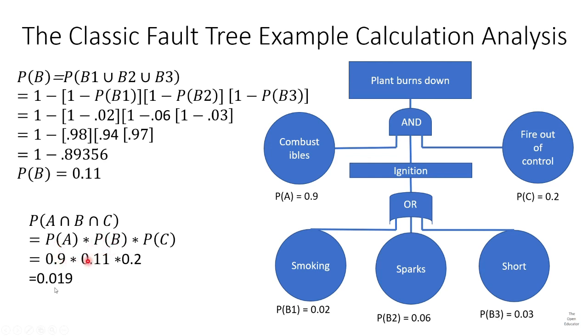The calculated probability of B, based on our first formula, we have 0.11 and 0.2. So the product will be 0.019. So the probability of a plant that burns down will be 0.019. Great. So this example is based on the Open Educator YouTube channel.